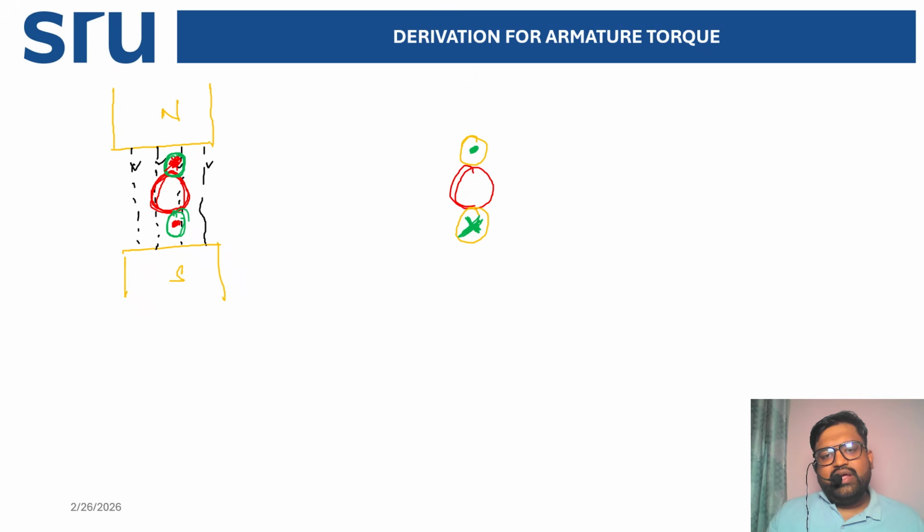If there is a dot, and the north pole is above and the south pole is down, then what will happen due to this? The force will be exerted. This is the armature. Now, the force will be exerted here. The right hand. I'm talking about one conductor, and this is your force on the left hand side, right?